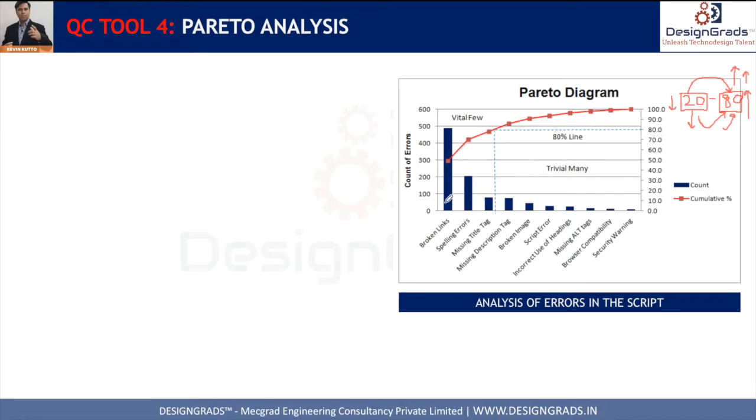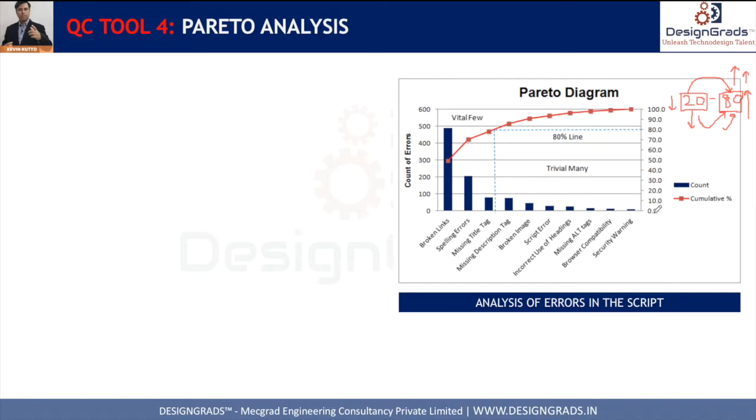And histogram shows the frequency. That means for broken links, how many defects we have observed. For spelling errors, how many defects we have observed. So the left side shows the counts of errors. And these histograms are arranged in descending order of their frequency, their occurrence.